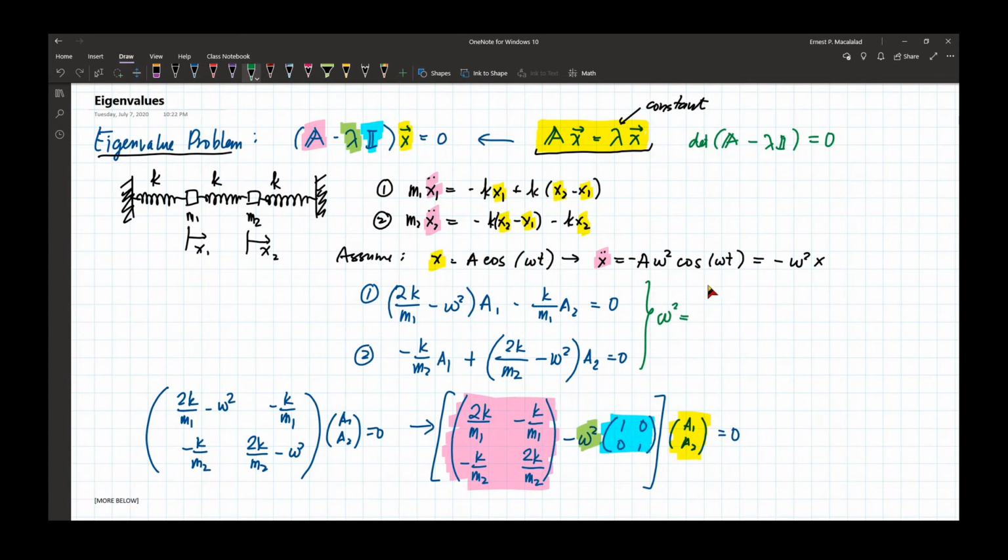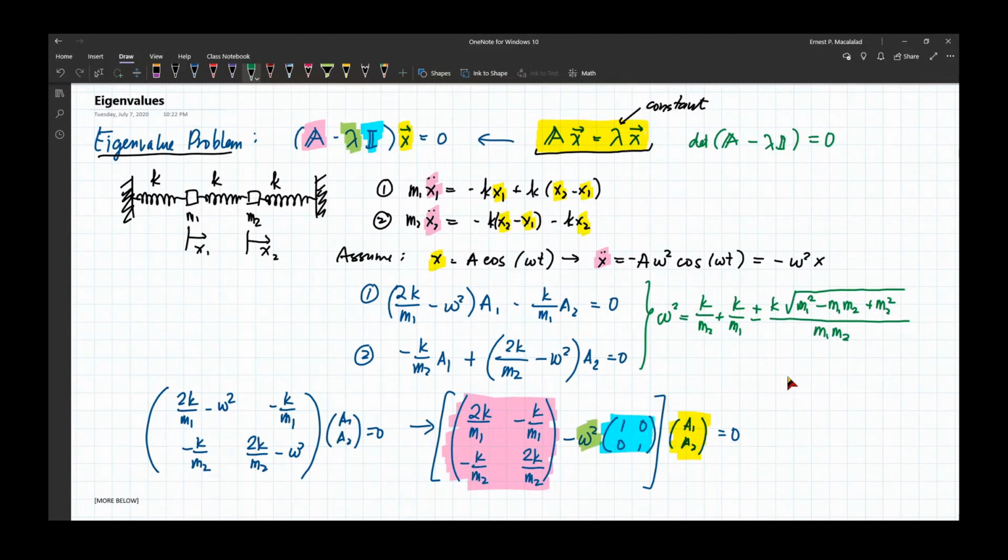If you're going to do the algebra, omega squared would be equal to k over m2 plus k over m1 plus or minus k square root of m1 squared minus m1 m2 plus m2 squared, all divided by m1 m2.